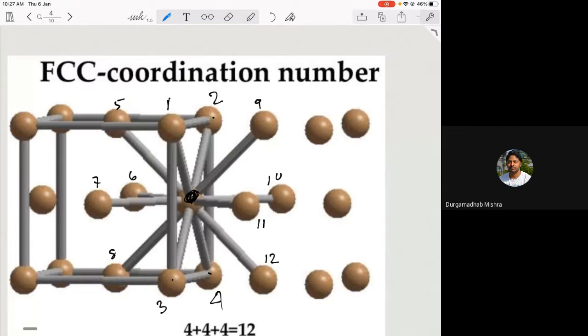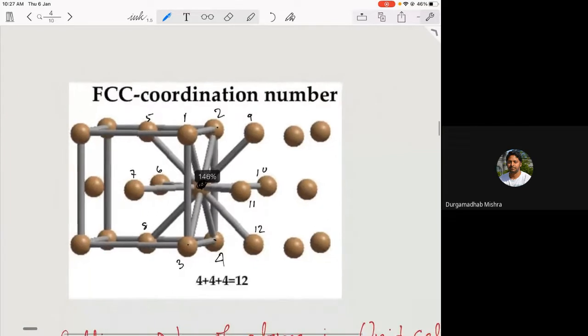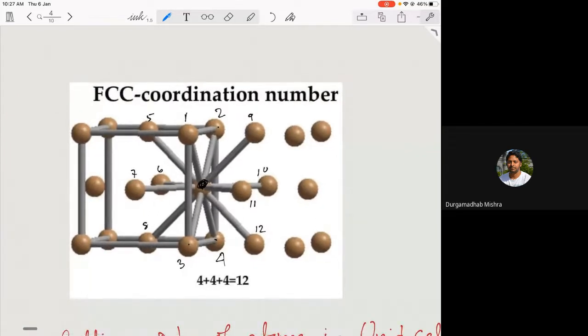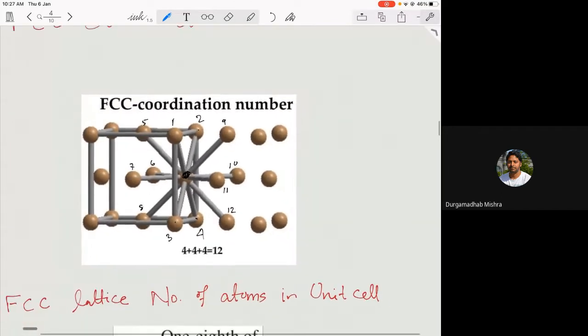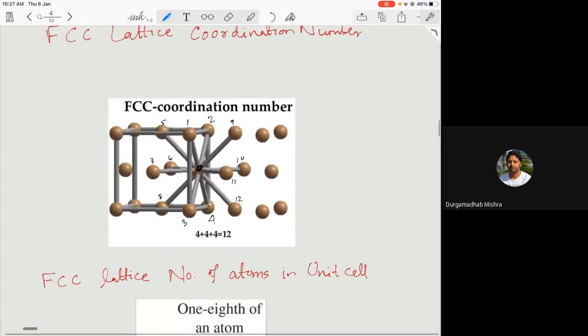Therefore the coordination number will be 12 for any atom in FCC. In case of BCC it was 8, but in case of FCC it is 12. So this is one parameter which will tell you that the lattices are different. Similarly, you can also calculate for HCP and other forms as well.